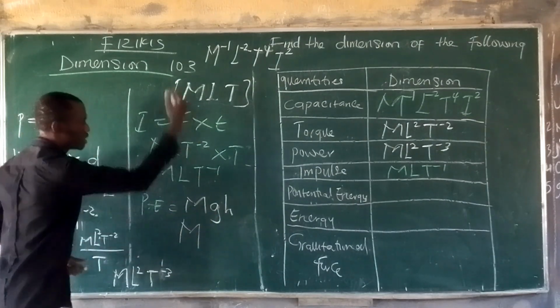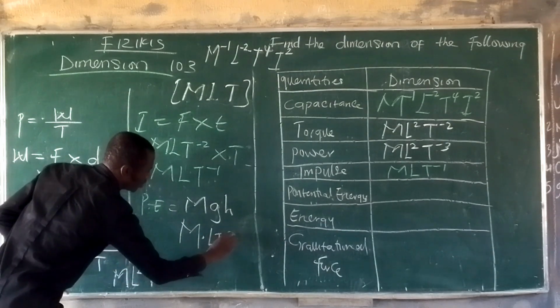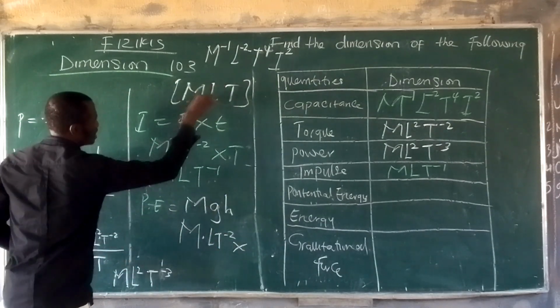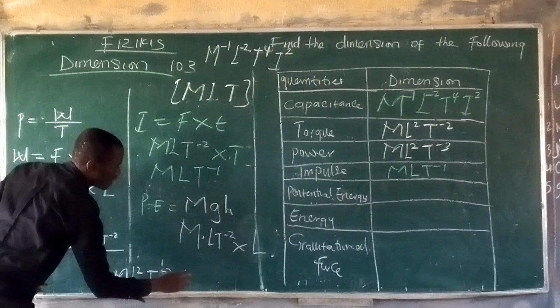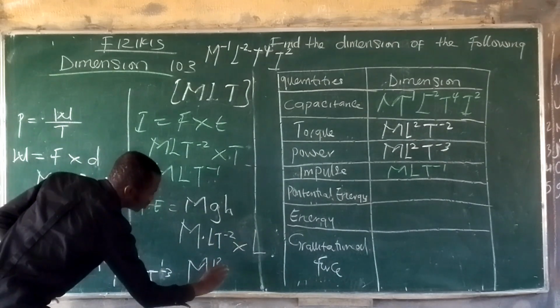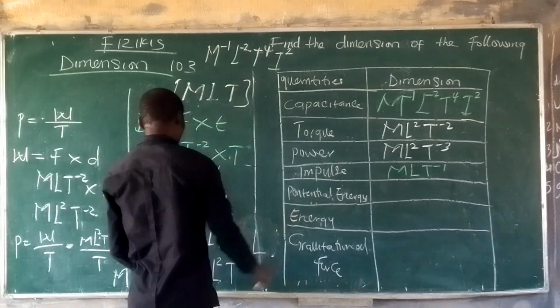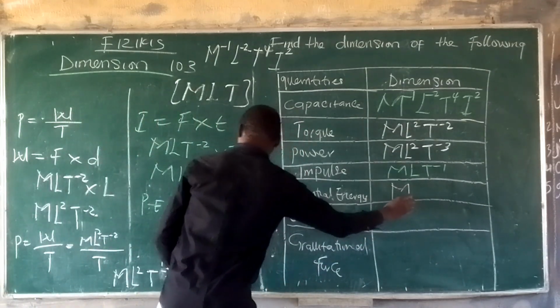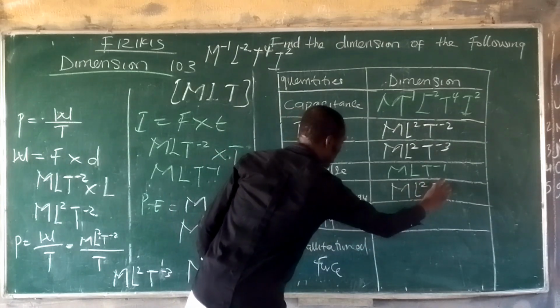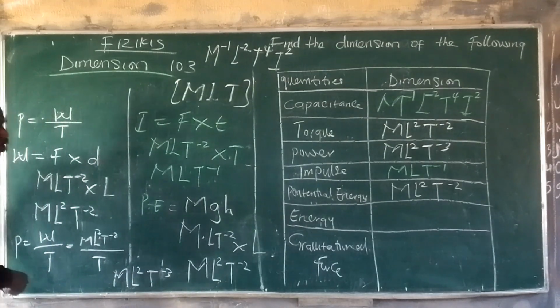Gravitational acceleration is L t^-2, times height, which we represent as length. So this becomes m, L to the power of 1 plus 1, that is 2, t^-2. So potential energy becomes m L^2 t^-2.